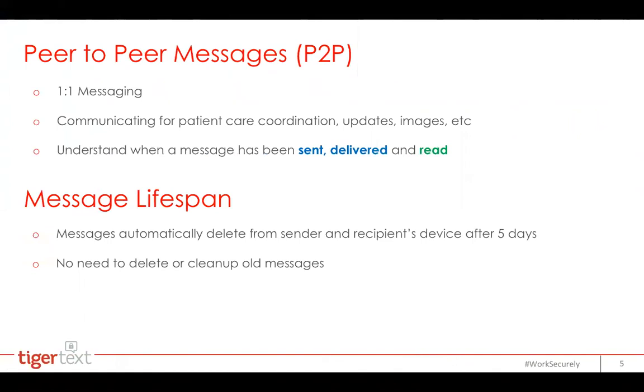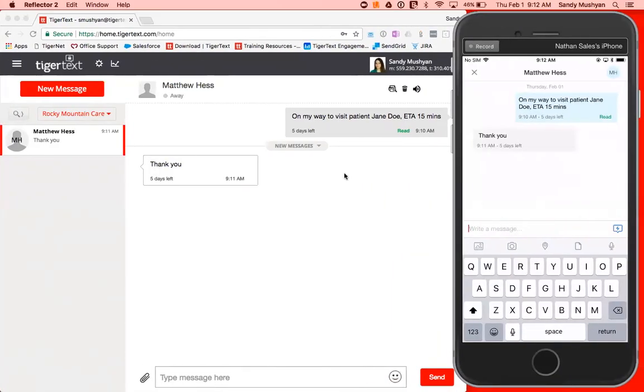And as we have it set right now, the message lifespan is 5 days. So 5 days from the day and time that I sent this message to Matthew, it'll just automatically delete out by itself through the conversation. And let's say tomorrow, if I were to check this message, it would say 4 days, and the counter would just go down day by day.